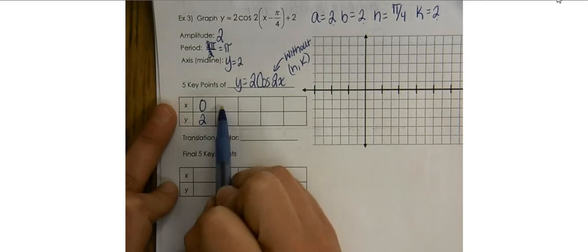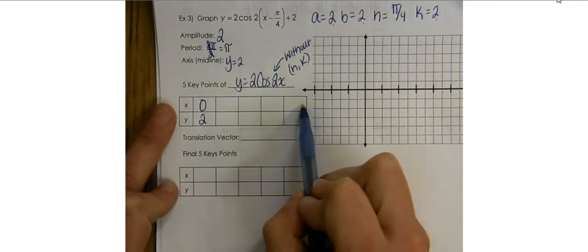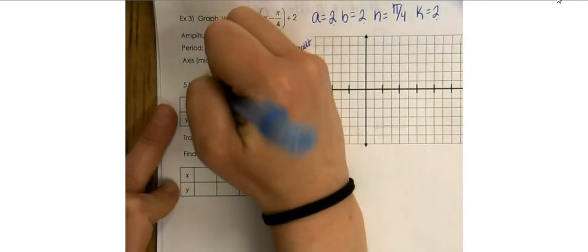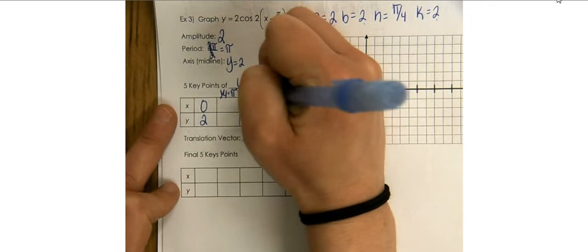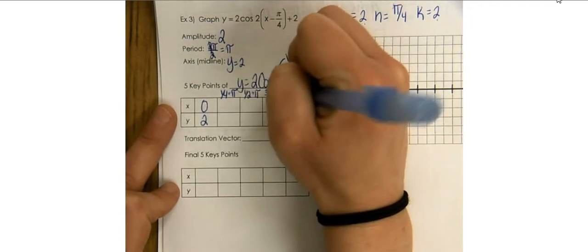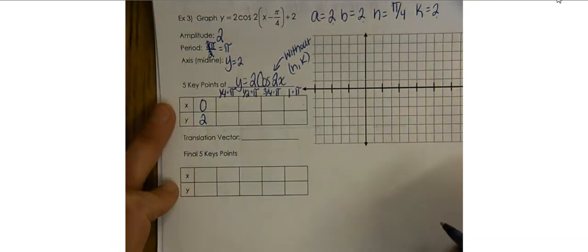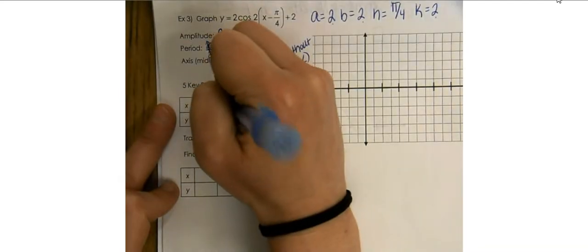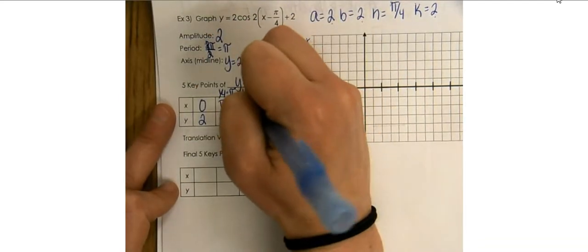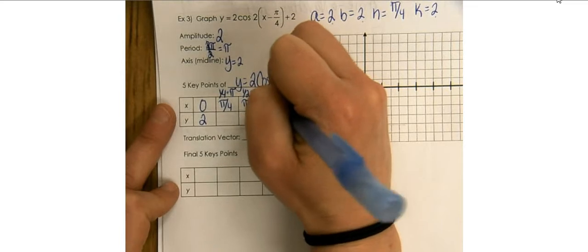And in order to come up with the rest of my x values, I'm going to take 1/4 and multiply it by my period. So that's 1/4 times pi, 1/2 times pi, 3/4 times pi, and then 1 times pi. And this is going to be pi over 4, then pi over 2, then 3 pi over 4, and then pi.